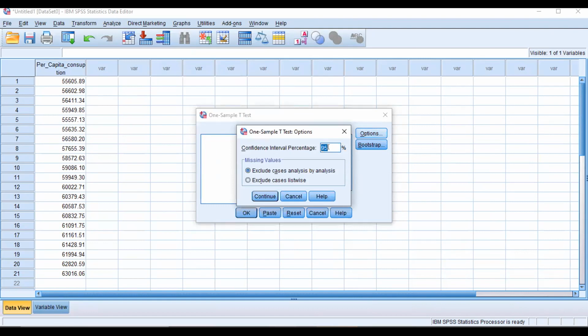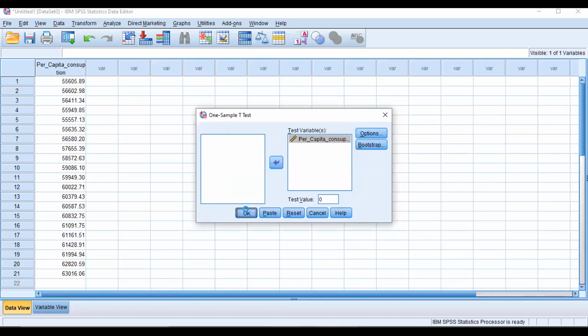As someone asked yesterday, 99% or 95%. Here, as it is a social phenomenon and we don't have control over it, it will be measured at a 95% interval. Then continue.